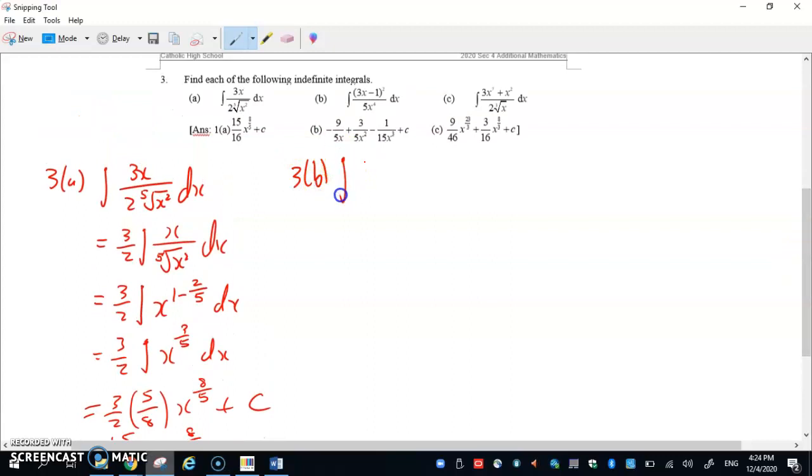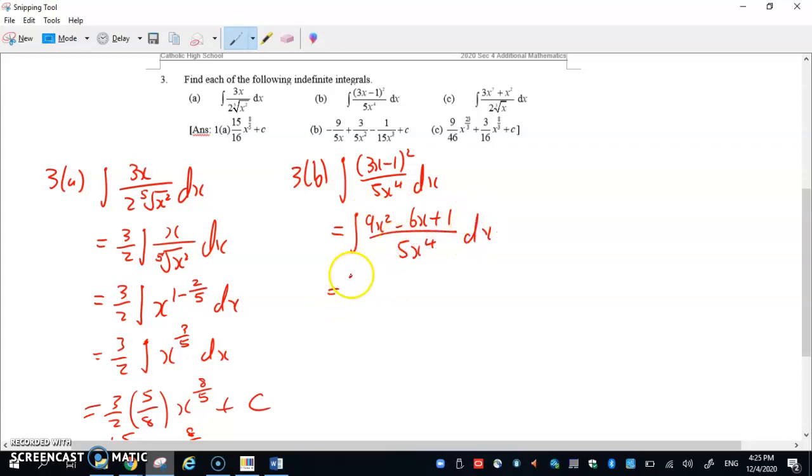For 3b we have an integration of 3x minus 1 squared over 5x to the power of 4 dx. For this case, you won't be able to integrate this directly. So I will simplify the entire expression. First of all, to expand this, we get 9x squared minus 6x plus 1 over 5x to the power of 4 dx.